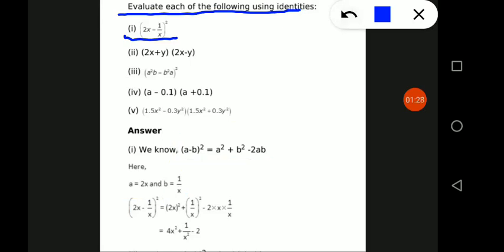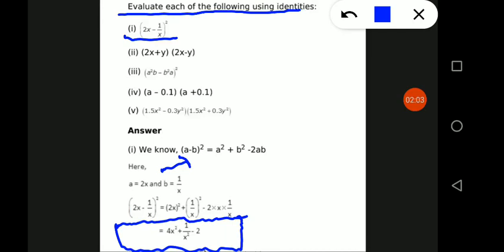When we apply the values of a and b in the formula, we will get (2x) square plus (1 by x) whole square minus 2 into 2x into 1 by x, which on solving further we will get as 4x square plus 1 by x square minus 4, and that will be our answer. Got it, students?